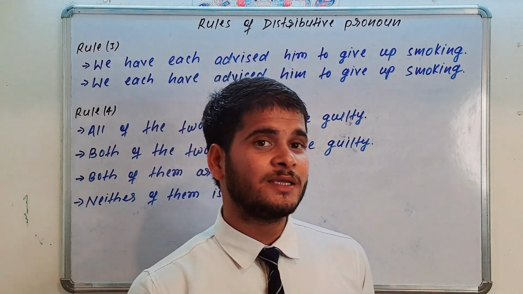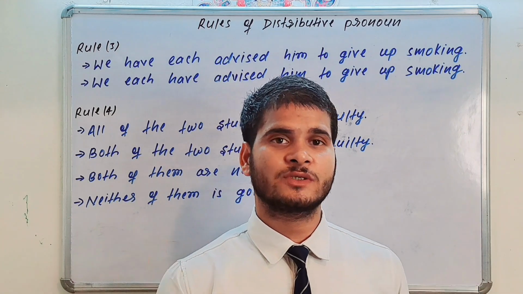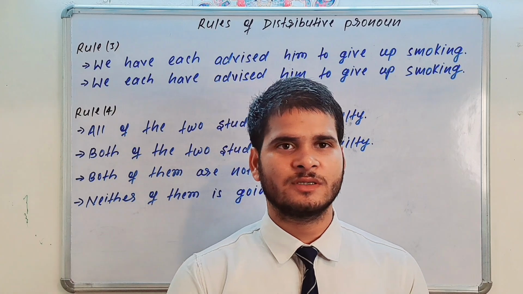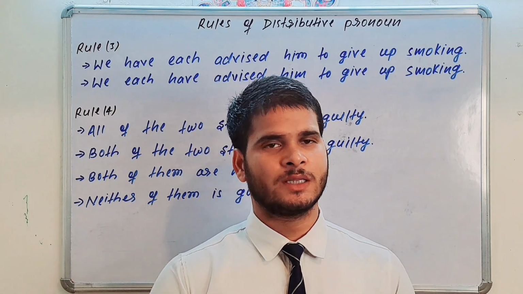Basically, each is also a distributive pronoun, and the third rule is based on it. Listen again: if each is used for the subject, it is used after the subject and before the auxiliary verbs. This is your third rule.